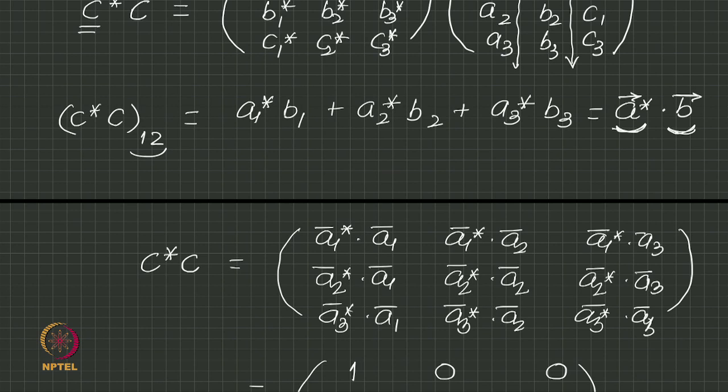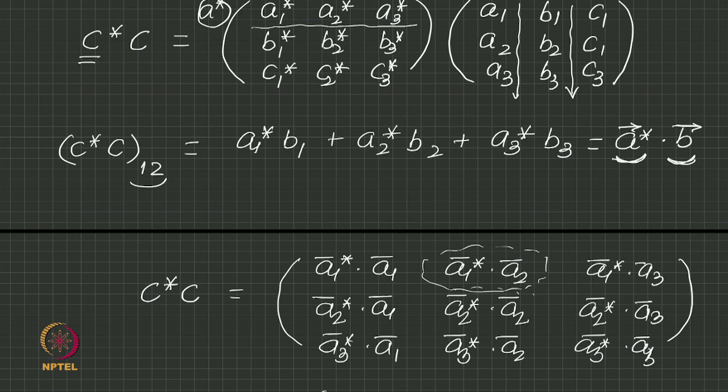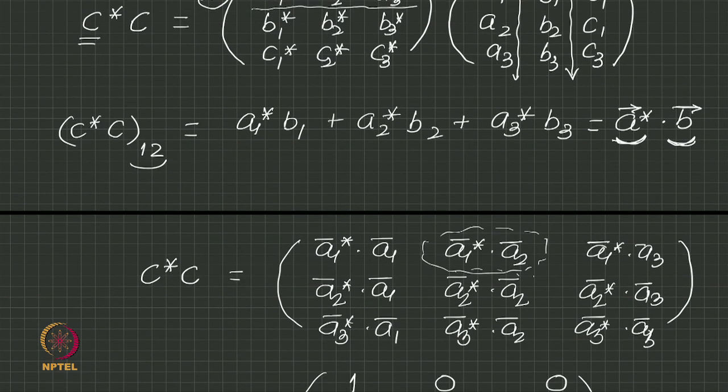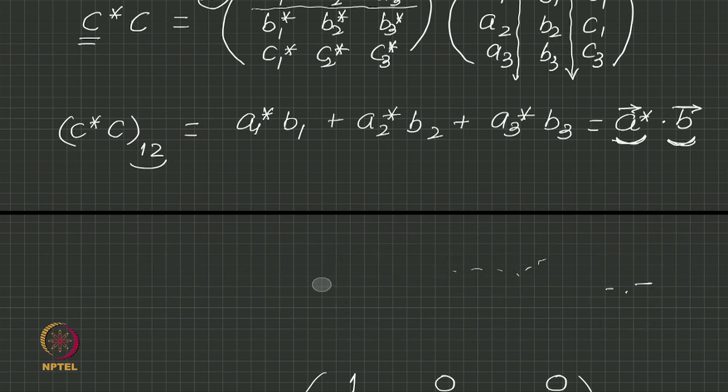I am using a little bit of confusing terminology here, so let me write it out completely. So, C star dot C has these 9 terms.